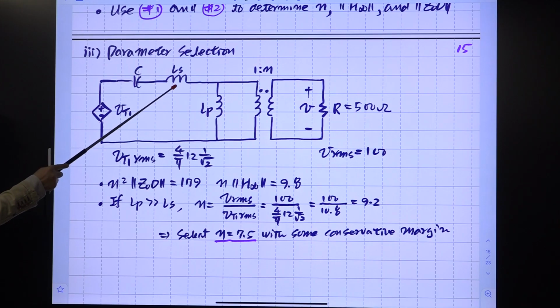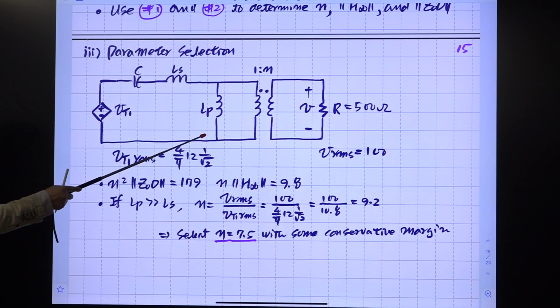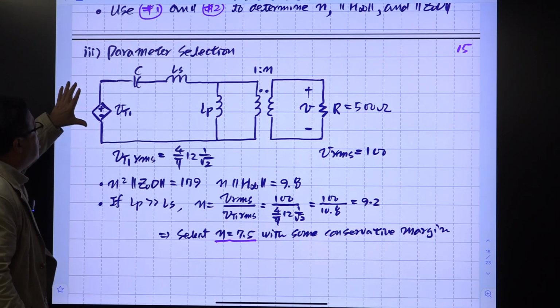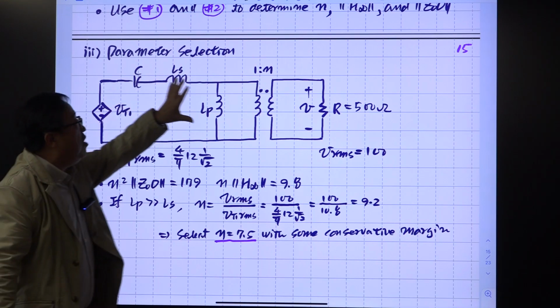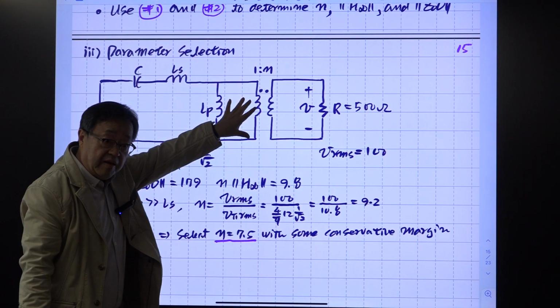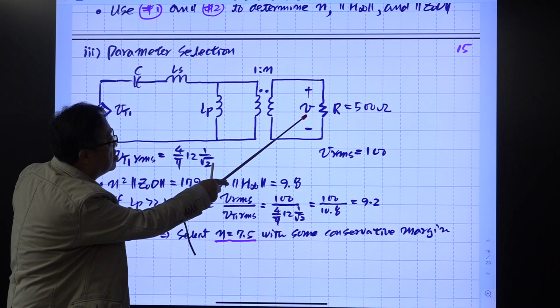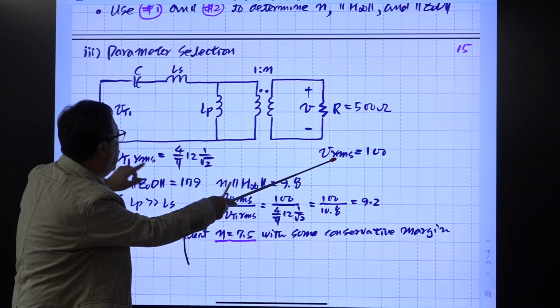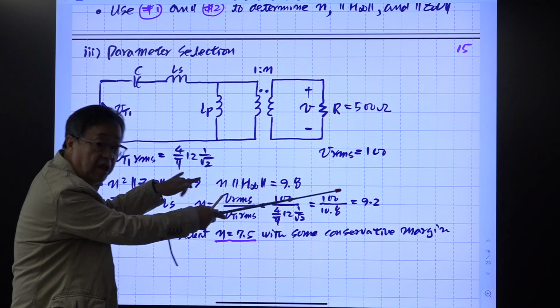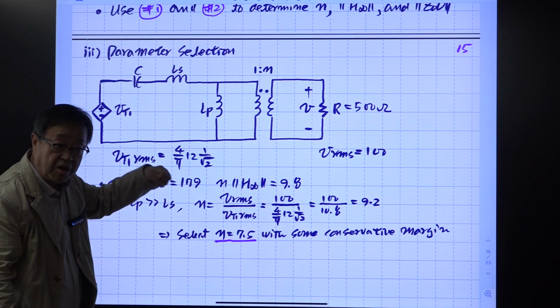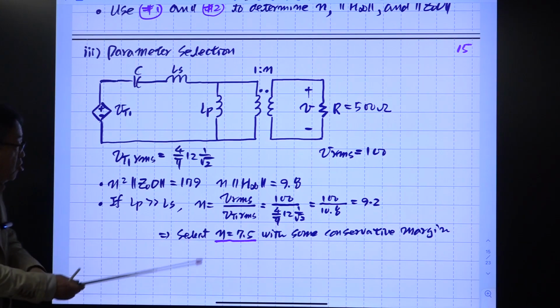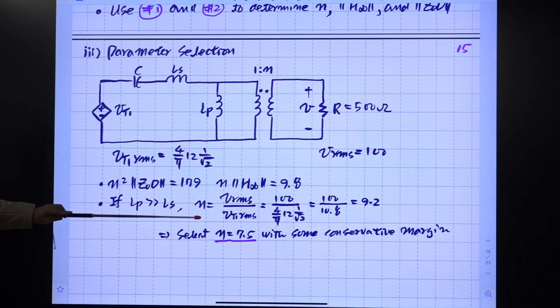Usually this is the leakage inductance and this is a magnetizing inductance if this is a practical transformer, right? Then this is reasonable. Then the gain from here to there, assume this is 1, right? Then the ratio of this is our voltage. We have the desired value of RMS. We have the input value of RMS. Then the ratio of this becomes the turns ratio N, right?